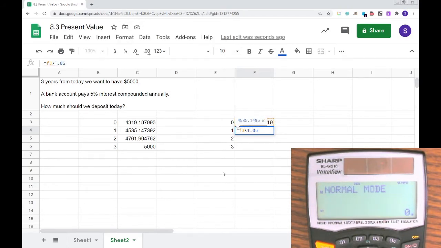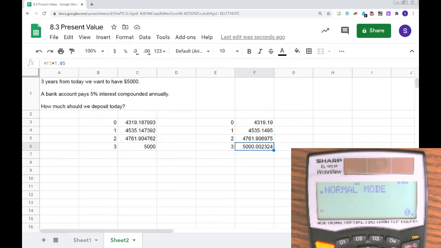And I'm going to multiply it by 105% over and over again until I get to year 3. And you'll see that I get very close to $5,000. The reason it's not exactly $5,000 is because these two numbers are not exact. But I've gotten close enough for an answer. So the answer to my question is $4,319.19.